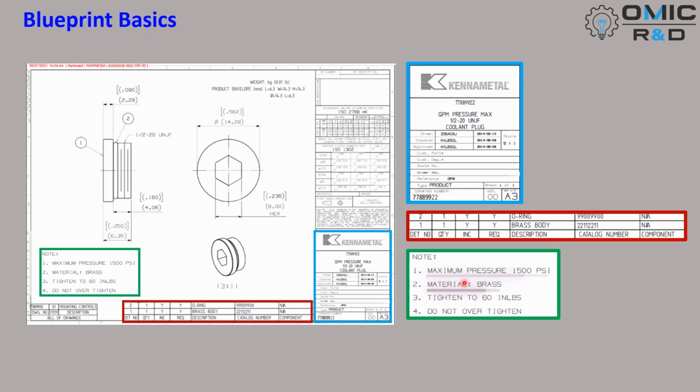It's made out of brass. They want to follow the best practice of tightening it to 60 inch-pounds of torque. Basically, this plug is assembled onto a cutting tool body so that cooling fluids are provided to it through the machine while it's cutting. And then a caution that they do not want to over tighten this component.